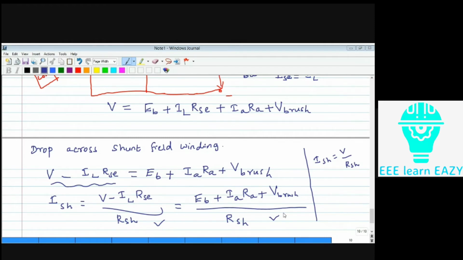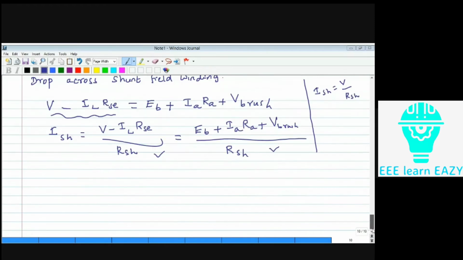Apart from long shunt and short shunt compound motors, there is one more classification, that is cumulatively compound motor and differential compound motor. So what are these cumulative and differential compound motors?